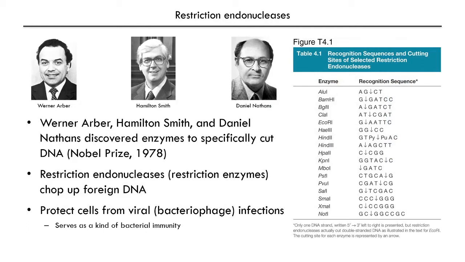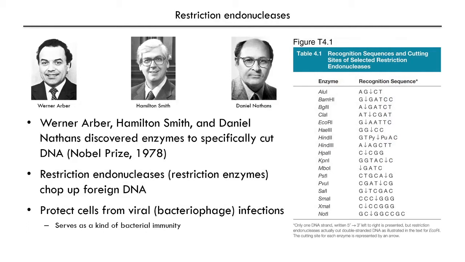These enzymes specifically cut DNA at precise sequences. Their discovery won these scientists, Arber, Smith, and Nathans, the Nobel Prize in 1978. Restriction enzymes exist in bacteria as a defense mechanism to chop up foreign DNA, and they are part of the bacterial immunity that protects bacteria from viral invaders that try to inject their own DNA.